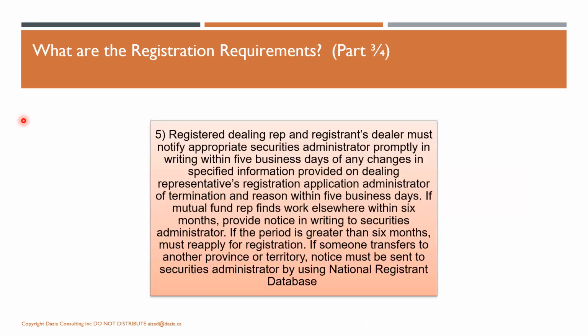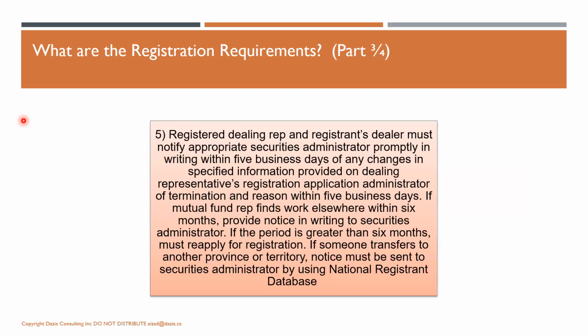If there's any changes, for example, you change your name or your address or anything related to the application that you filled in, you have 5 business days to inform the administrator. If you transfer a branch, usually the branches will inform them.